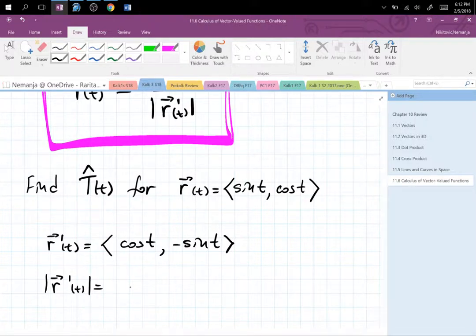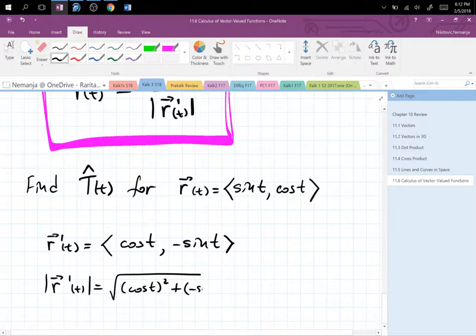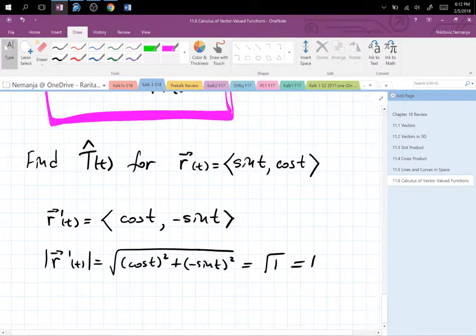We square each one of these, and when we add them, we get 1. The square root of 1 is 1. So the square root of cosine t squared plus negative sine t squared is just sine squared plus cosine squared, right? The minus dies because of the square, and the square root of 1 is equal to 1.